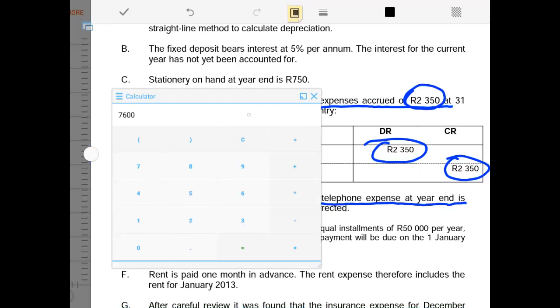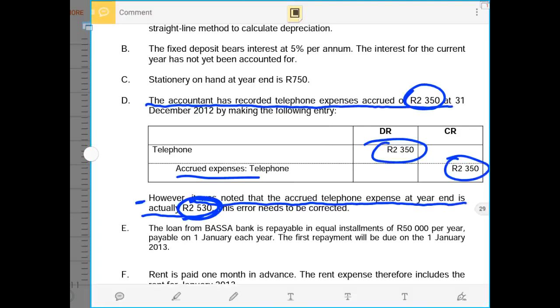Instead of recording 2,530, they recorded 2,350. 2,530 less 2,350. It means there is a difference of 180 rand that was not recorded with regard to the accrued telephone expense by the end of the current year. So now we still have to account for that 180 when we do adjustments, and also affect that in our statement of financial position.